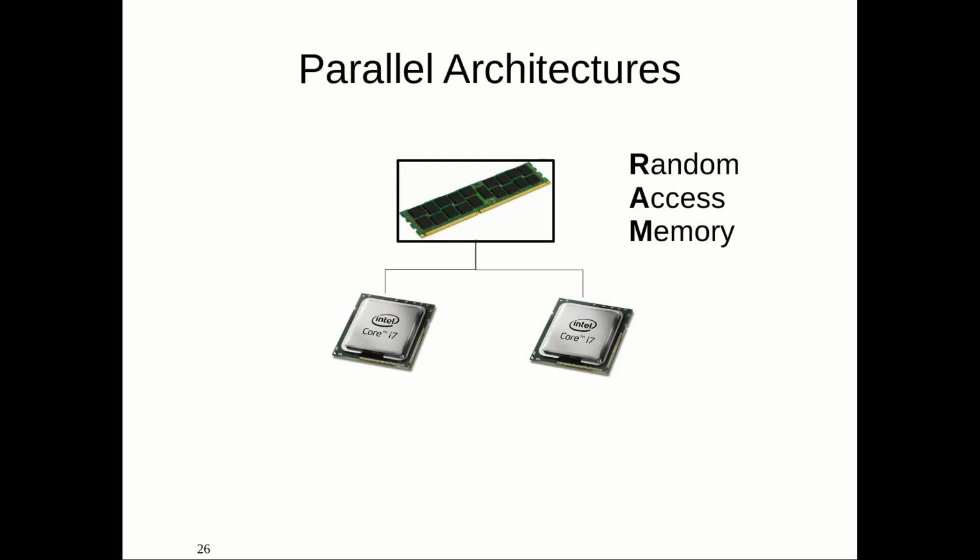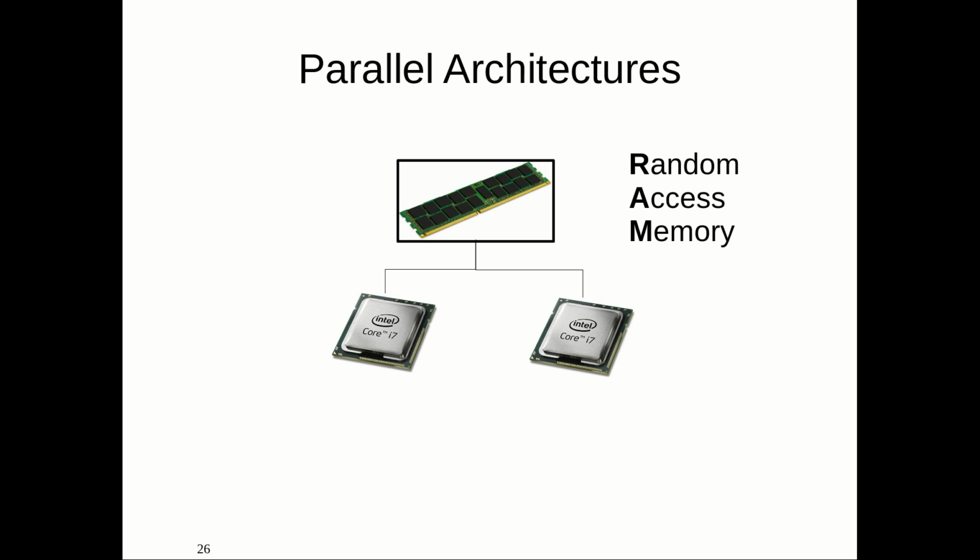Okay, so now we're moving one step up and looking at parallel architectures. One typical configuration of parallel systems that these days we typically have on our laptops and desktop computers is that we have shared memory, right? We have two or more cores that are connected to the same main memory and can therefore also communicate or exchange data and results through that shared memory.